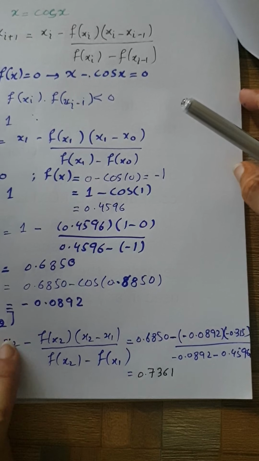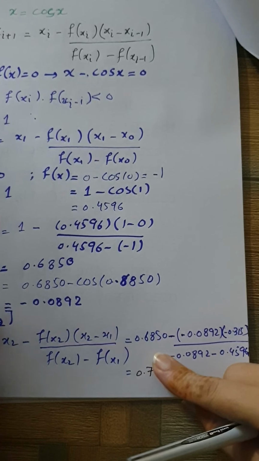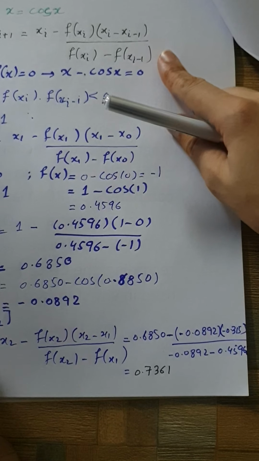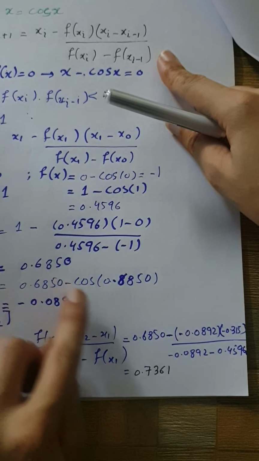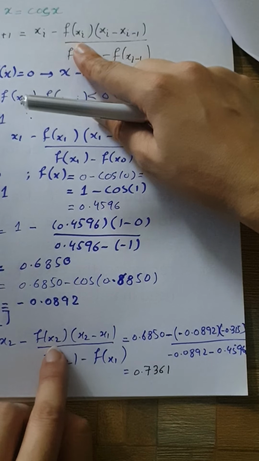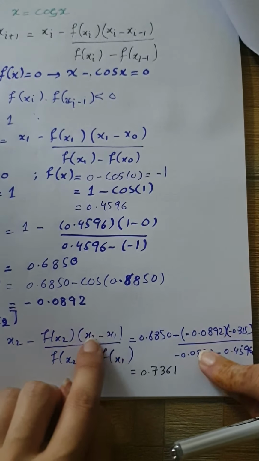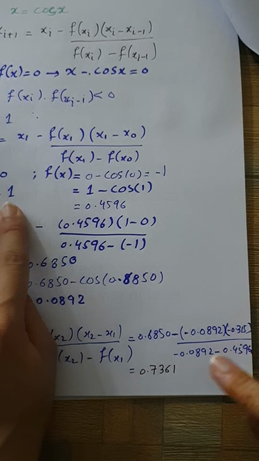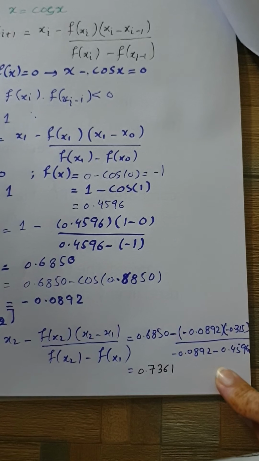When you substitute the values of the arguments and the values of the function at these two points in the given formula, at the place of x2 you substitute 0.6850, then minus f(x2), which is equal to minus 0.0892, times the difference between the two arguments, 0.6850 minus 1, which is equal to minus 0.315, and all the other components of the formula.